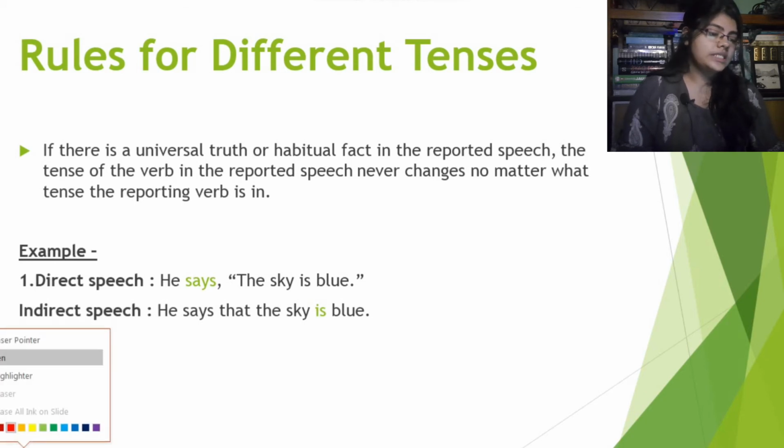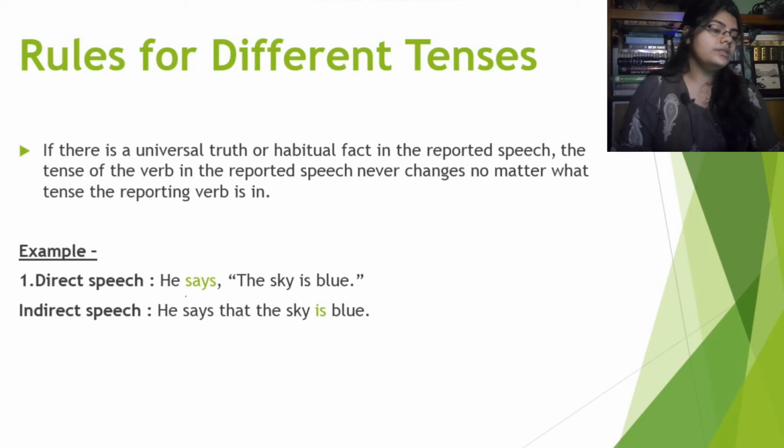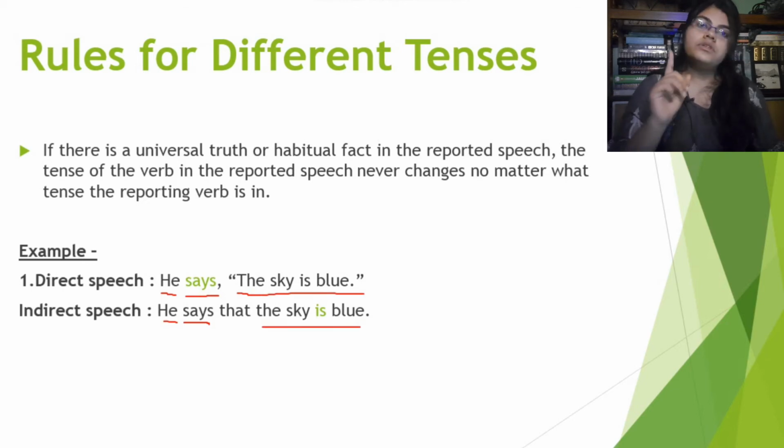Now we can see that here the reporting verb is already in present tense. Alright, so he will be he. Now the sky is blue will be the sky is blue. Why? First of all, the reporting verb is in present tense. That's why the verb of the reported speech will not be changed. We already know that.